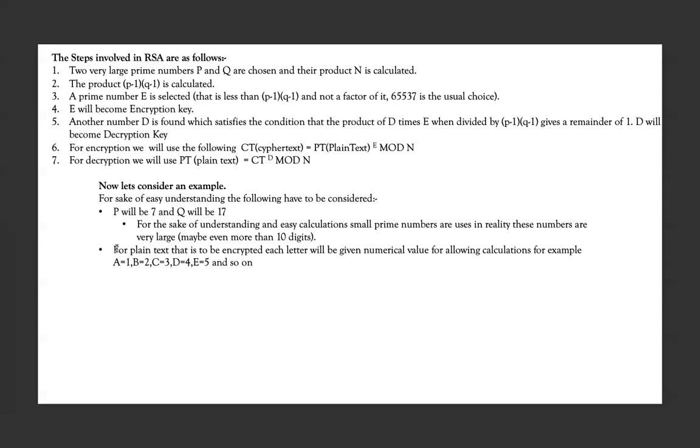The second point to note is that since I'm encrypting plain text to ciphertext, I'll need numerical values for the plain text. So the scheme discussed here is that for letter A, I'm going to call it number 1, B is 2, C is 3, D is 4, E is 5, and so on. That should also go for symbols and spaces.